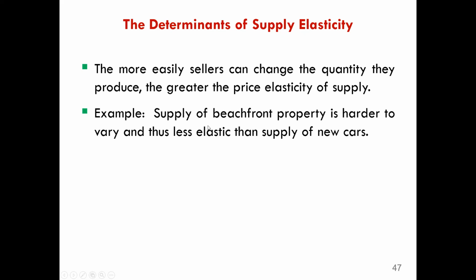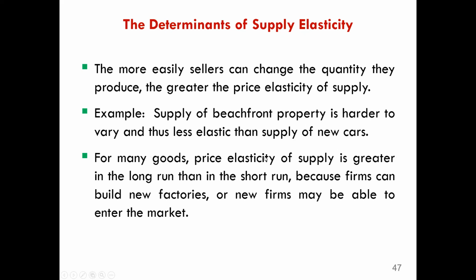An example is that the supply of beachfront property is harder to vary and thus less elastic than the supply of new cars. For many goods, price elasticity of supply is greater in the long run than in the short run, because firms can build new factories, or new firms may be able to enter the market.